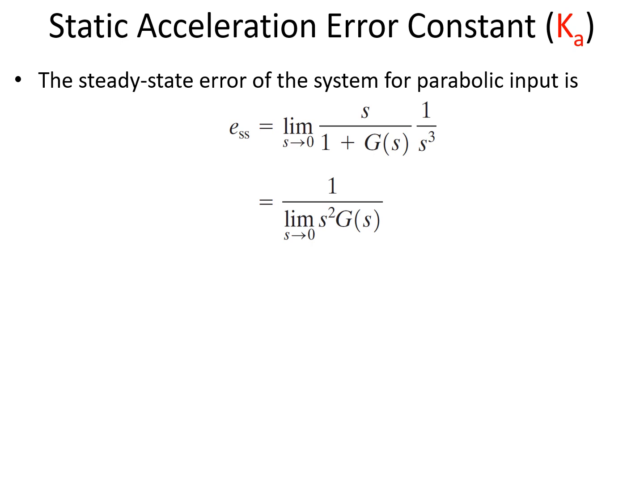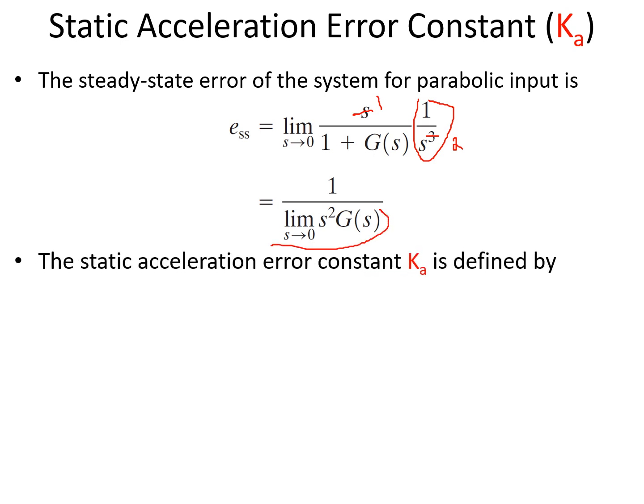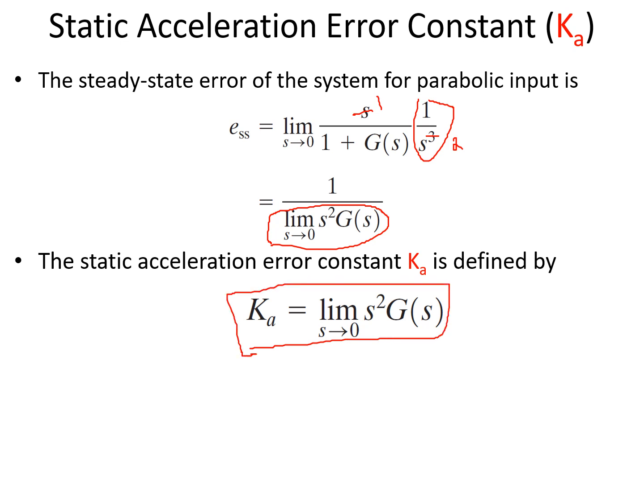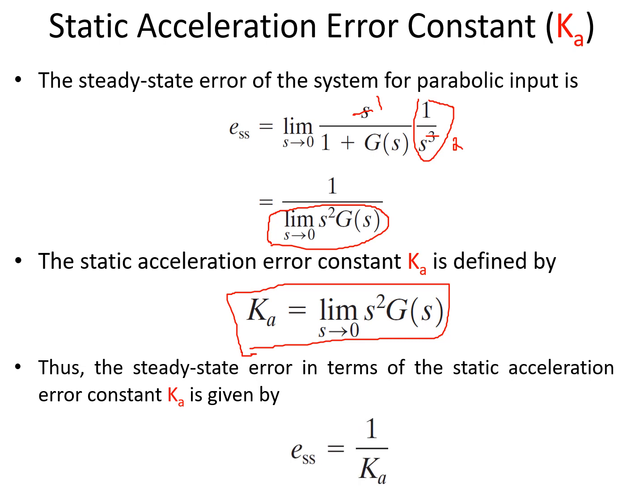Now by replacing this 1 by s cube in place of R(s) and simplifying it, you will get s square in the denominator, so that you can write ESS as equal to 1 divided by limit s tending to 0 of s square G(s), which is nothing but your acceleration error constant Ka. So Ka is represented as limit s tending to 0 of s square G(s), and the expression for ESS in terms of Ka is 1 by Ka.